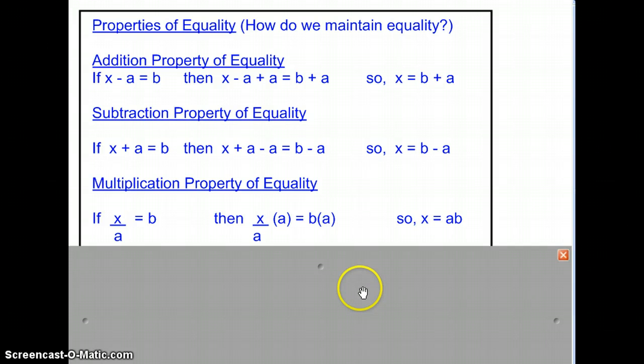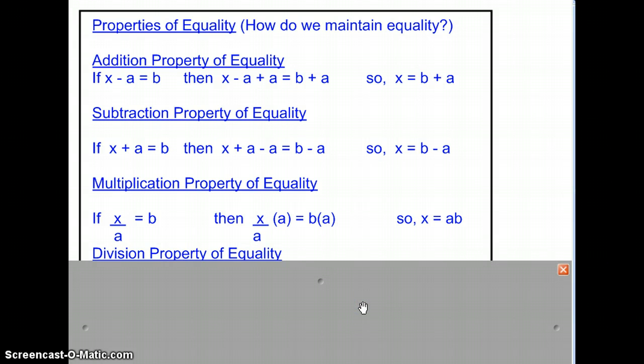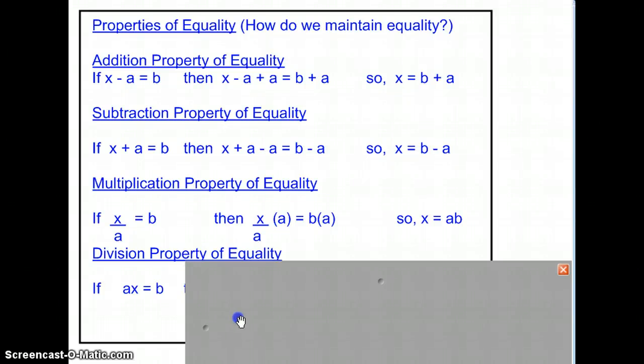Okay? So now, Jimena, you said the division property first, didn't you? So you want to tell us again? If x times a equals b, or in this case it says a times x equals b, then we're trying to get x alone, so we would have ax.